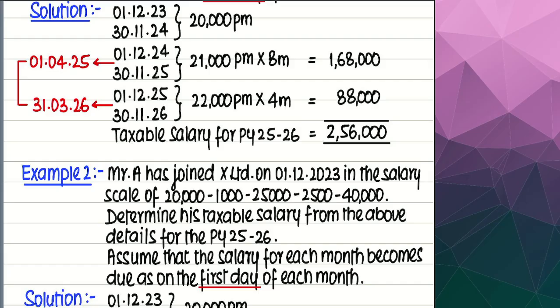How much? 2 lakh 30, 13. 2 lakh 19,000, 90, 99, no. 2 lakh 75.